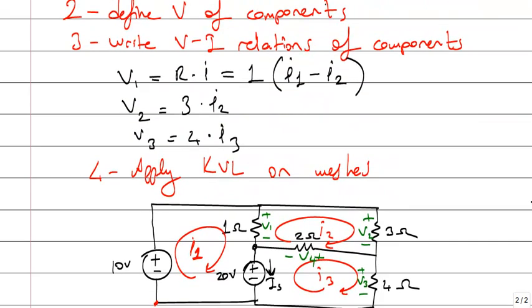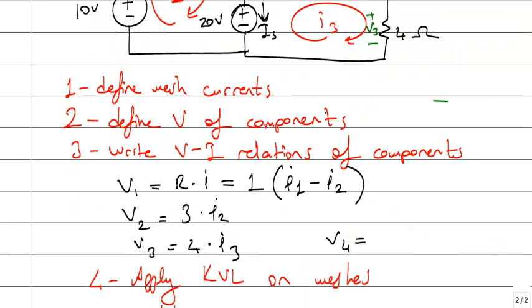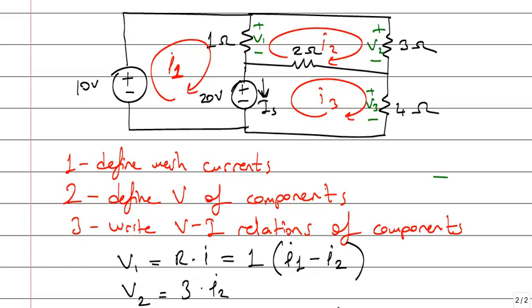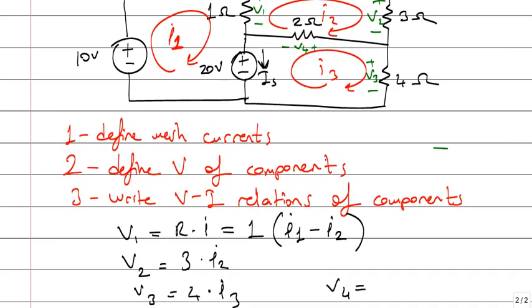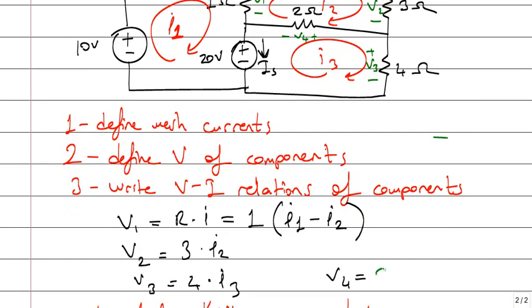Let me define V4. V4 is, look at the circuit. Let me write V4 here. Minus V4 plus. V4 is resistance times the current, supporting current I2, opposing current I3.